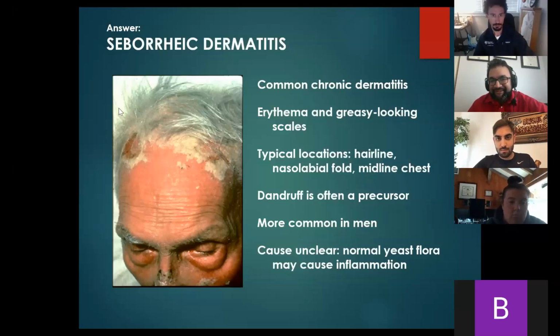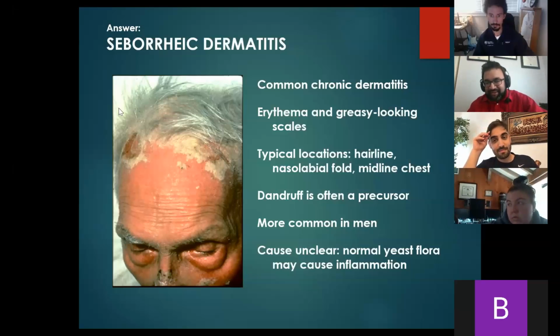Nose, and that's a good guess, Ali. So naso means nose, labia means lips, so nasolabial fold, the junction between the nose and the lips. That's how you do medical terminology. You just break these apart and put them back together.